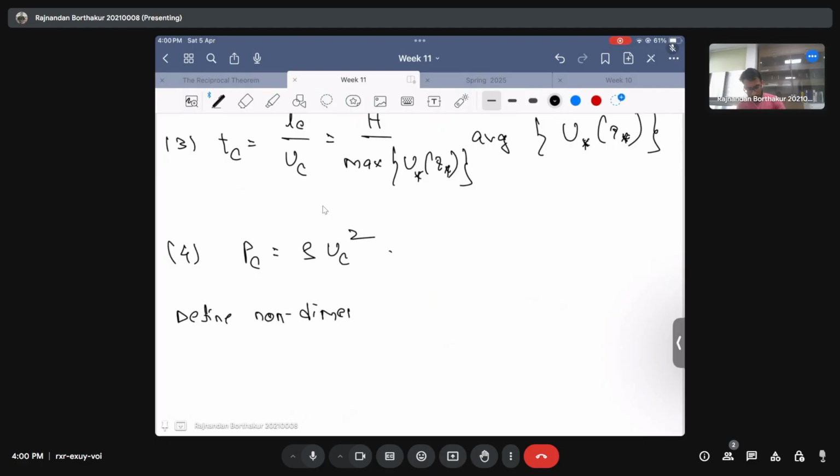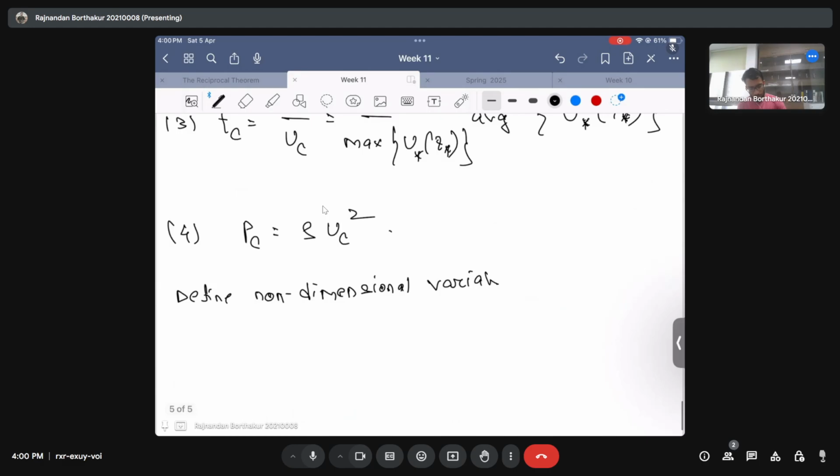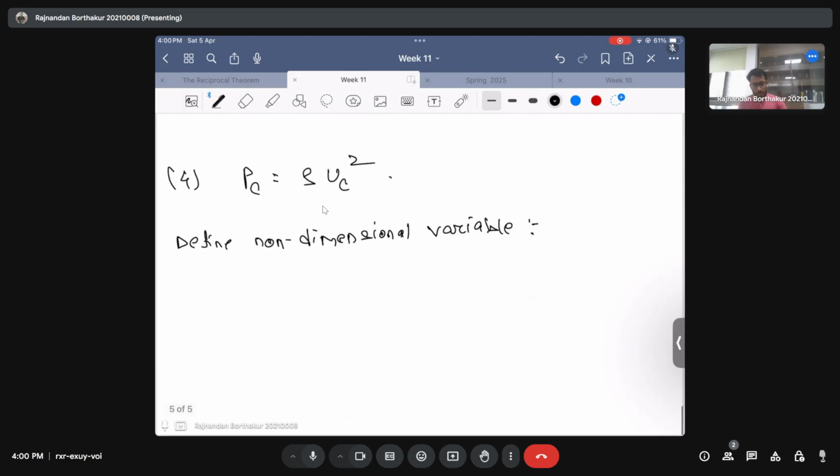So if I now define the non-dimensional variables, my non-dimensional x is going to be my dimensional x by h. Let's write it in vector form to skip the number of steps.